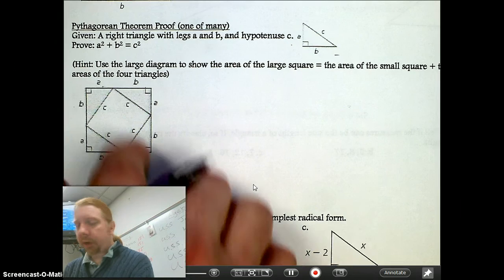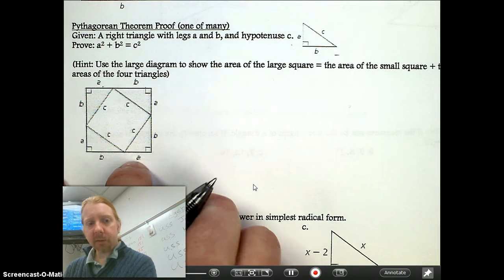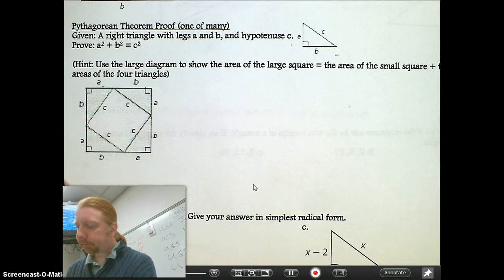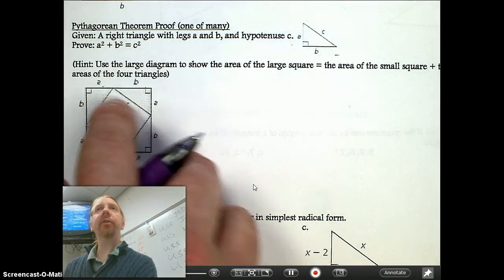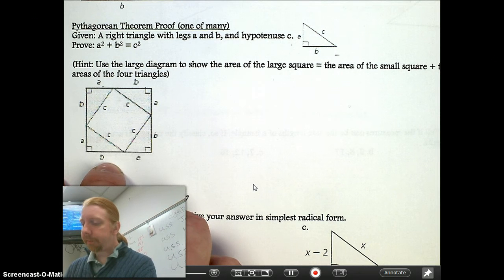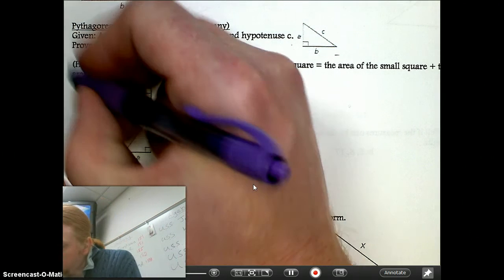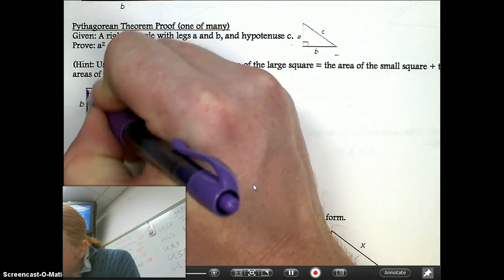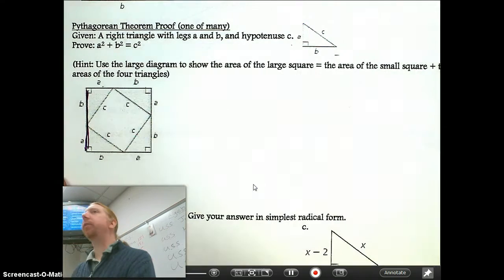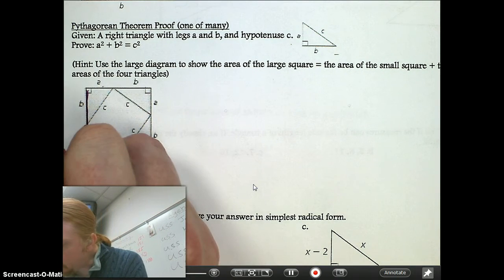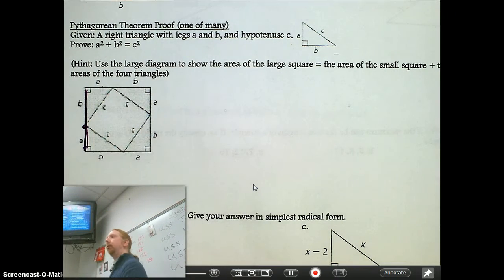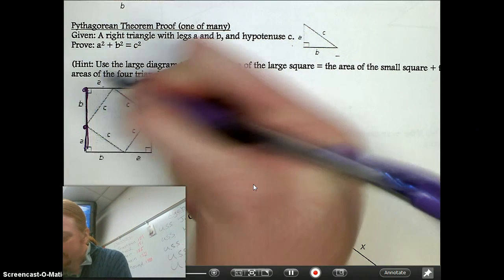So what we're going to do is look at this square that we've got here. If I look at the shapes, this side right there, how long is that? No, a side is not 180. That's okay.